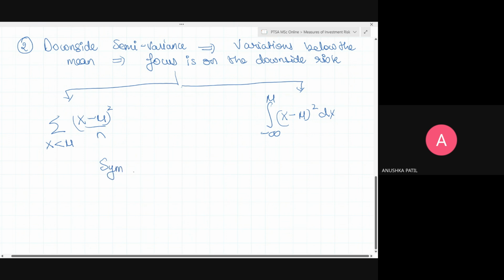Symmetric means that the shape of the distribution is a bell-shaped graph, like the normal distribution, so we can break it into two equal parts. Very good. A symmetric distribution is basically one where the values are the same above and below the mean.